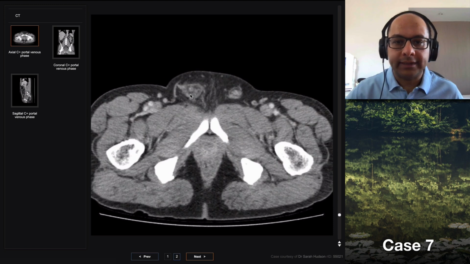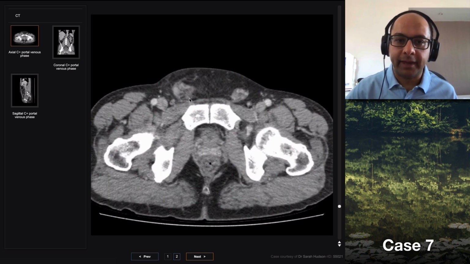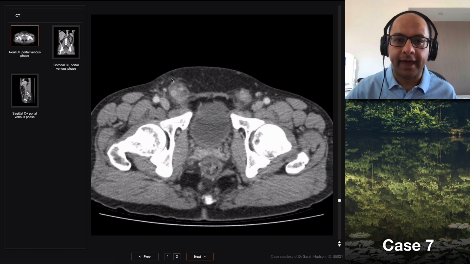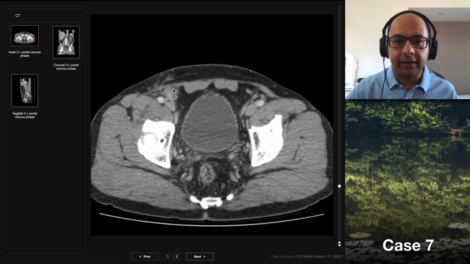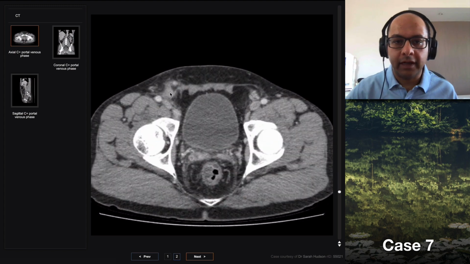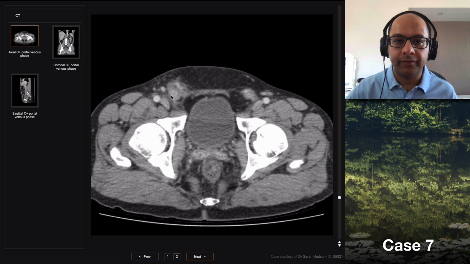Again, we see an asymmetric pattern of change. The left side looks relatively normal. The right side is swelling and there's inflammation, so there's increased density of the fat, the fat stranding that we talk about. That fat stranding comes up along the path of the right inguinal canal.